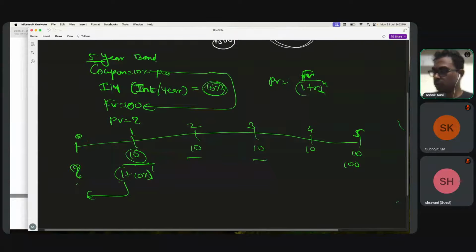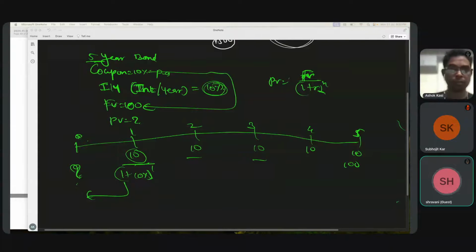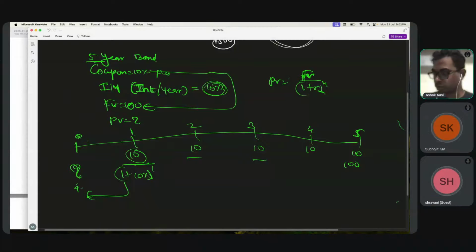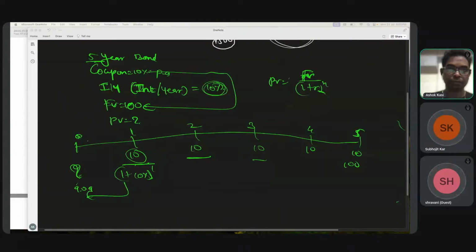Can you calculate this now? You know how to use the calculator, right? 9.09. Yes, sir. Okay, keep it in store 1. Then the second one.